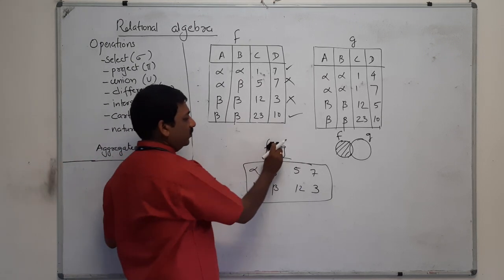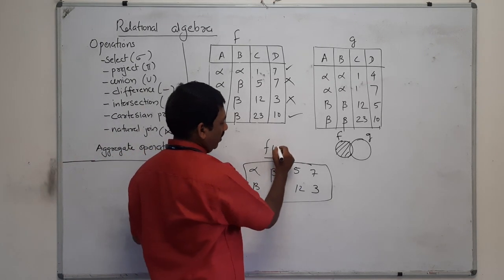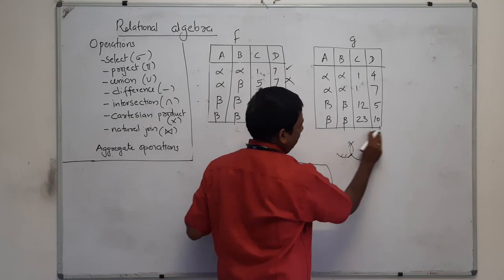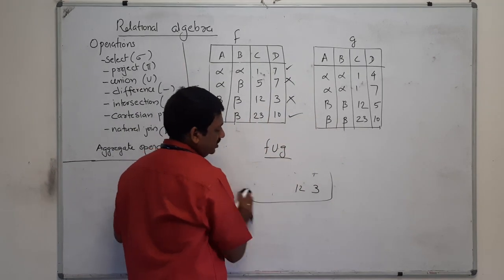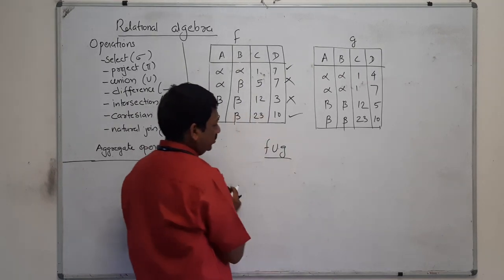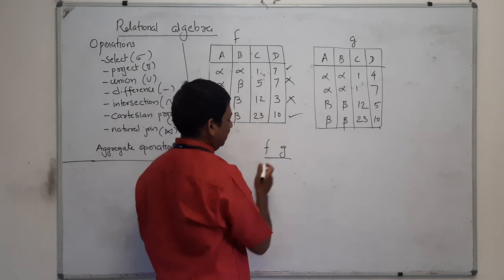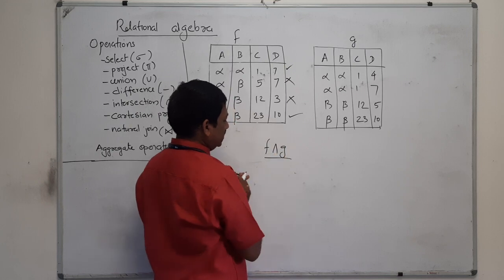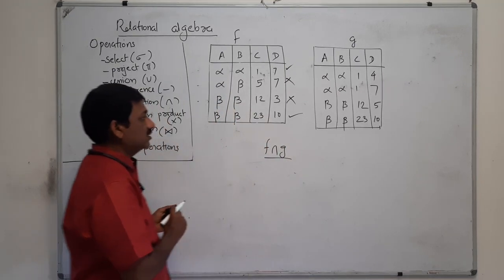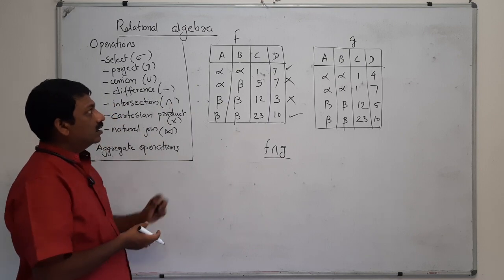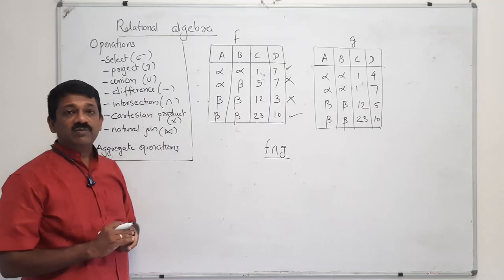And what about F union G? F union G is not F union G, actually F intersection G. F intersection G means in F and G at the same time it should exist.